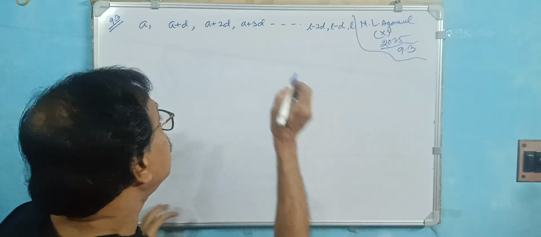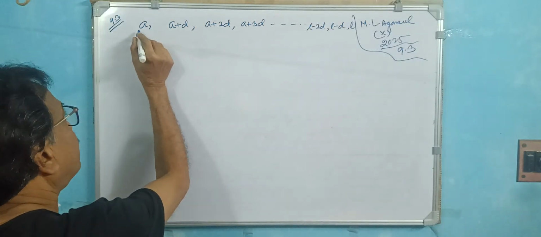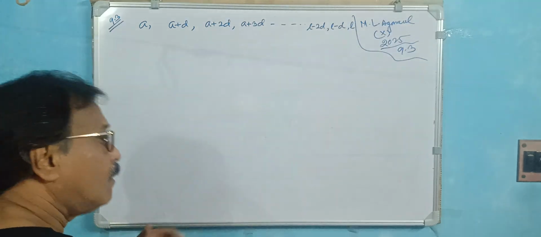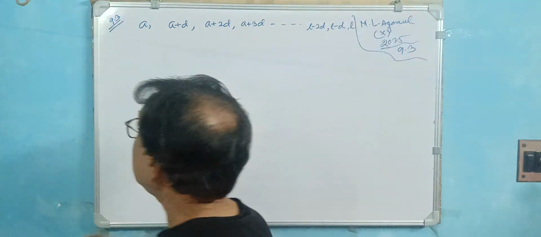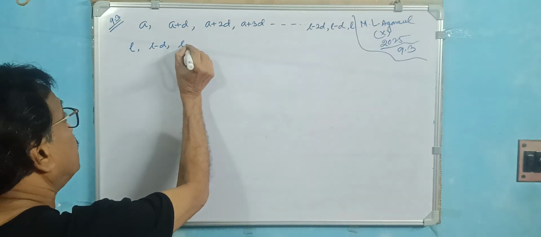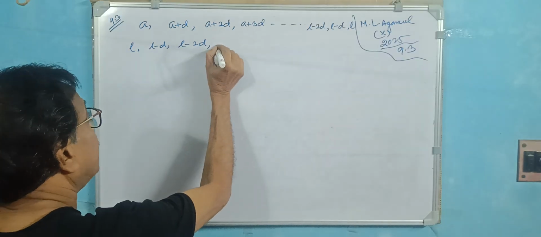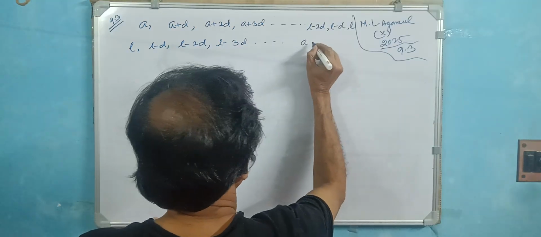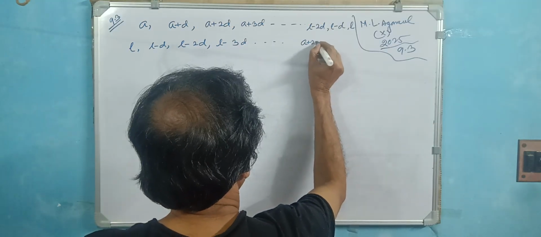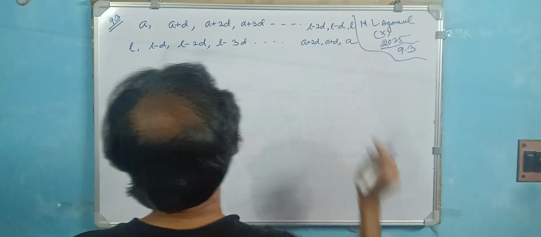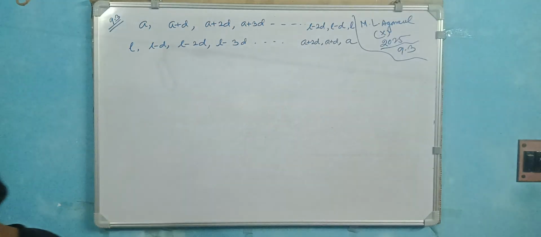From the beginning you write A, A plus D, A plus 2D, A plus 3D in this way. And from the end, what do you write? This is L, then L minus D, L minus 2D, L minus 3D, and so on, down to A plus 2D, A plus D, and A. This is the reverse way.